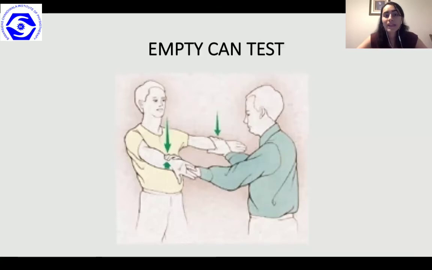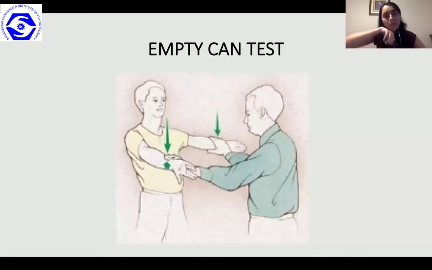So the supraspinatus tendon can be tested by the empty can test. This is a passive test. We will place the patient's hand in 90-degree abduction and in the scapular plane, which is this plane, and we will ask the patient to do thumb down, which is this position.